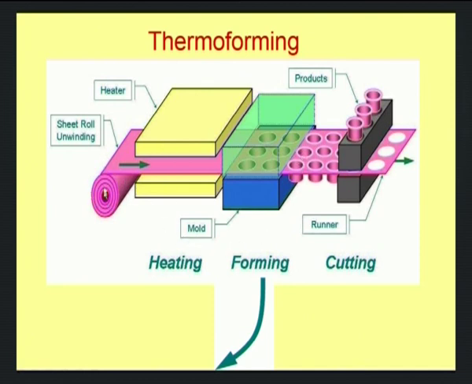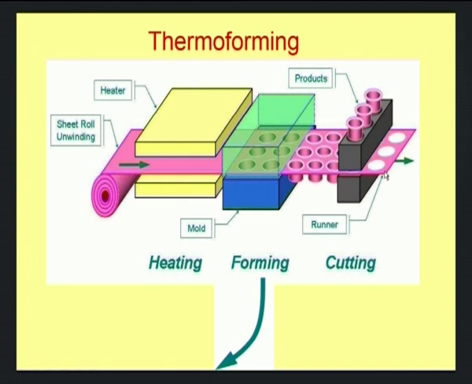The first one is the unwinding of the sheet roll. The unwinding takes place, and there are provisions here, the guide pin, that ensure the sheet roll passes between the 2 heaters, where it gets soft, then it passes through the mold, and then it takes the shape of the mold.